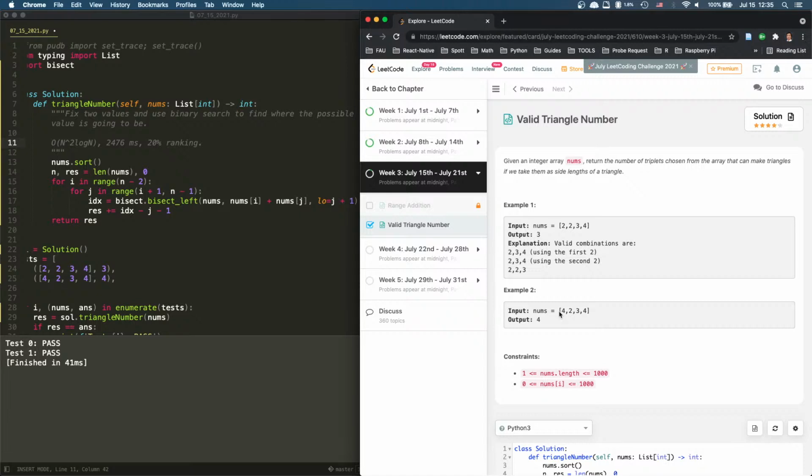Now we're looking at position 1, right, which is 3. So if I look at position 1, that's 3, we want to look to the right and ask how many values are smaller than 0, 1, 2, 3, 4, right? So this is what we can do.